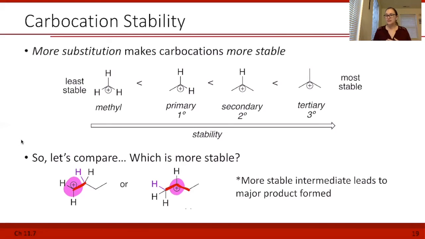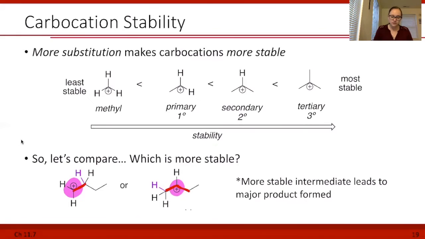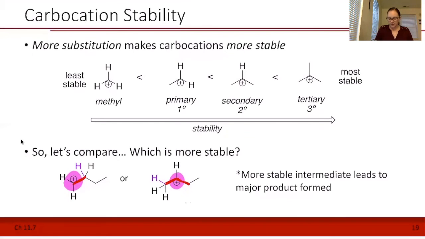That leads to the major product, the product we actually form. The second molecule, with the secondary carbocation, is more stable. This one here is less stable, all because of how many things are off of that carbocation. The more stable the carbocation, the more likely that product will form.